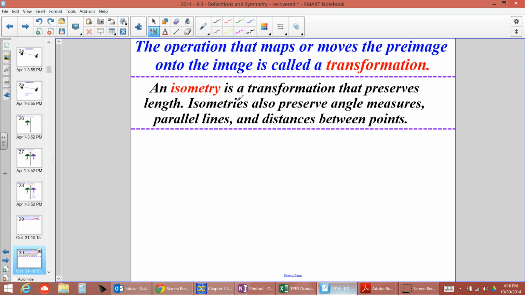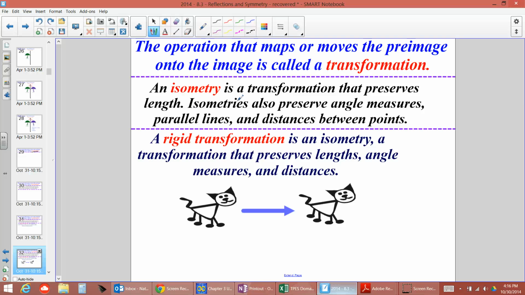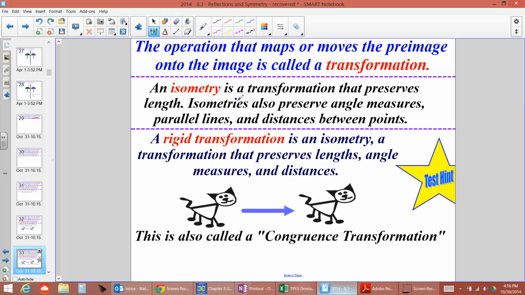All right. So an isometry is a very specific kind of transformation that preserves length and angle measures. If we look at rigid motion transformation or rigid transformation, it's just another way of saying isometry. These 3 concepts, congruence transformations, rigid transformations, and isometries, are the same thing.